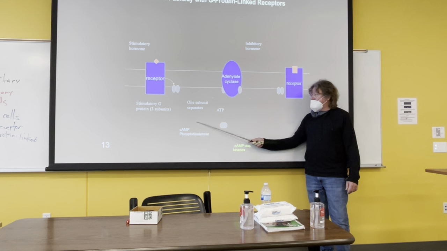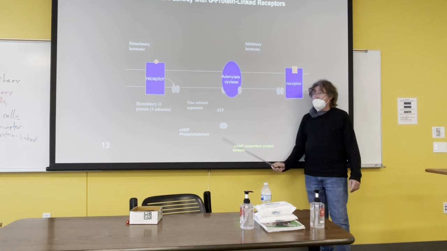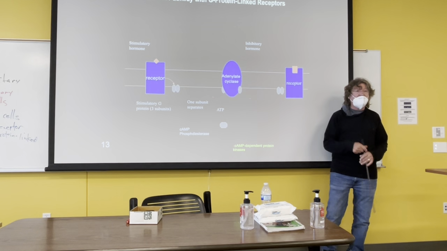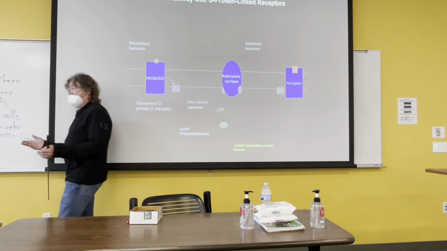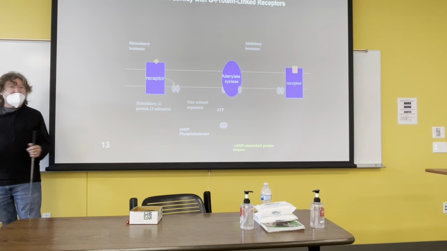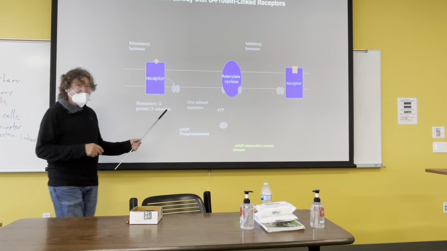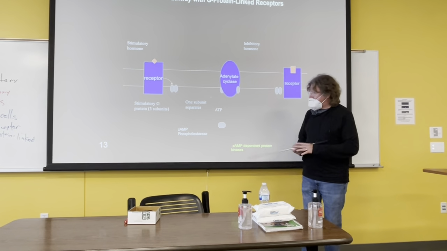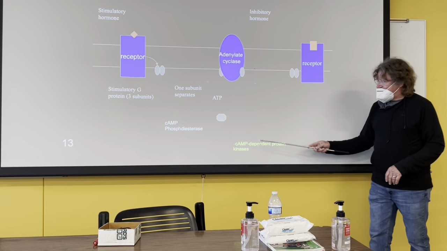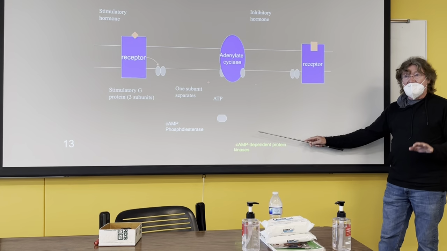So it is constantly breaking cyclic AMP down into simply AMP. It's a little difference, but it's a big difference as far as these proteins are concerned, because simple AMP cannot bind to the cyclic AMP dependent protein kinase. And so as cyclic AMP is broken down, it is removed from these, and the system is shut down.